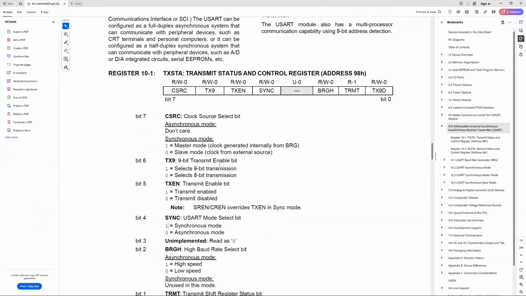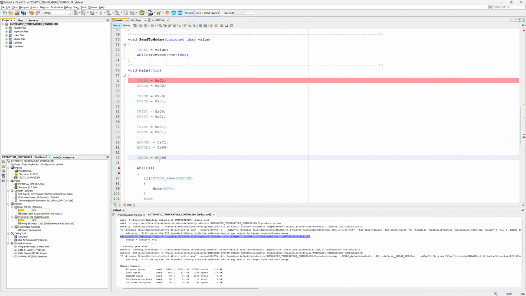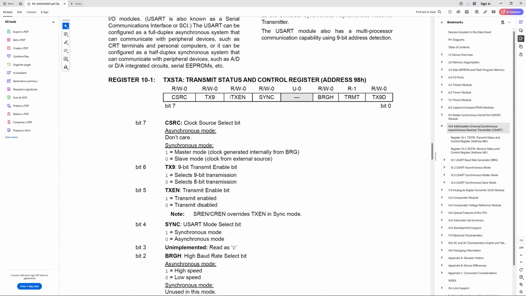Now what is that? Transmit enable, TXEN. If you want to transmit data, you need to keep 1 over there, or if you want to switch off transmission, you keep 0. We need transmission enabled, so we will keep 1 over there. Understood, right?